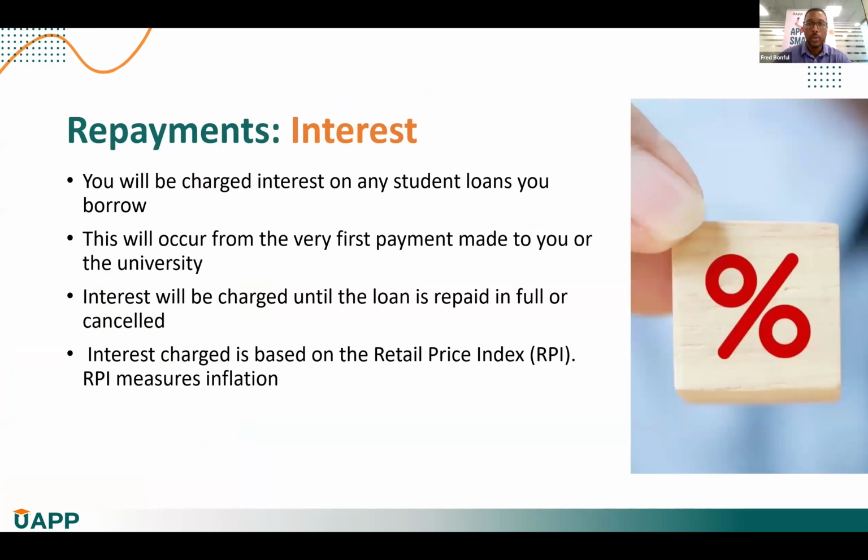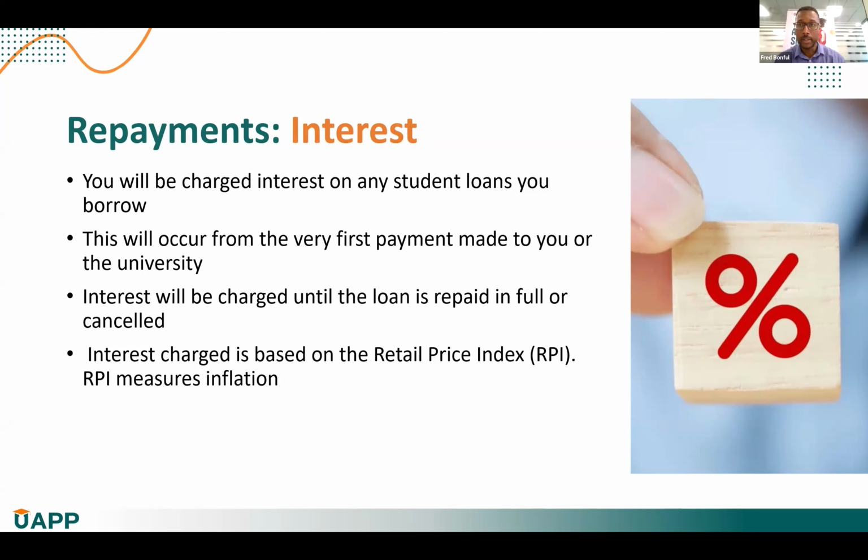Okay, so I've covered the repayments in the context of the threshold of 25,000, but there is interest that is added to your student finance. Generally, the moment that students take out their student finance, the interest will start straight away. It's not after you graduate from university, it's while you're studying.